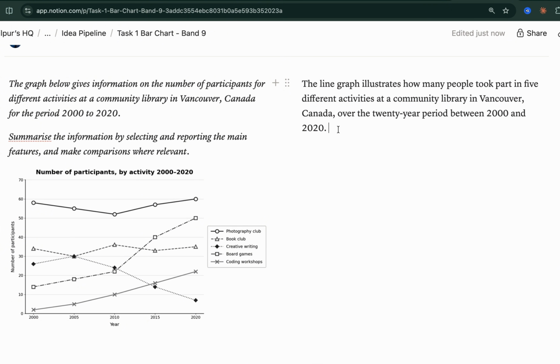It may look simple, and obviously simplicity is going to help you score higher. You don't have to use all those fancy academic words going away from the question prompt. You just need to introduce what is exactly happening in the question, in the graph.